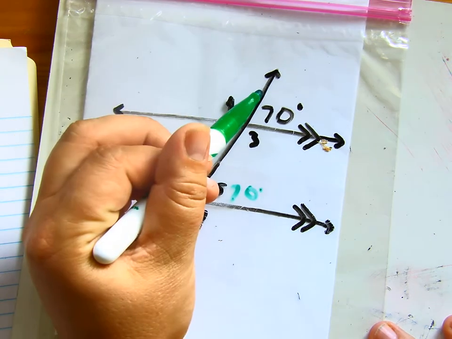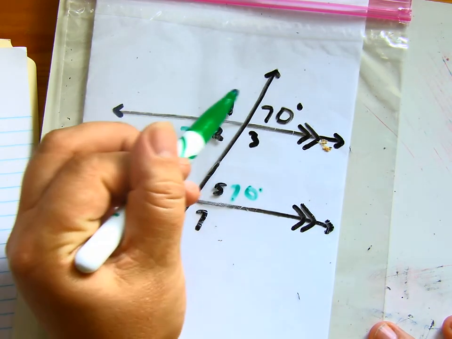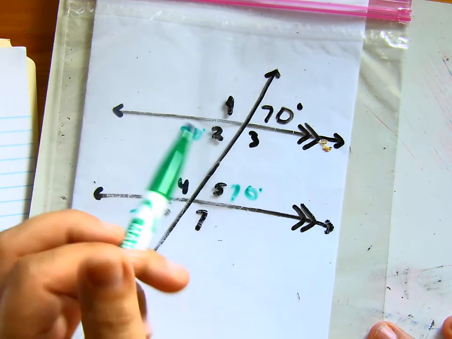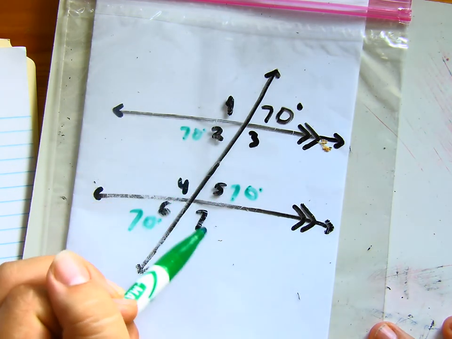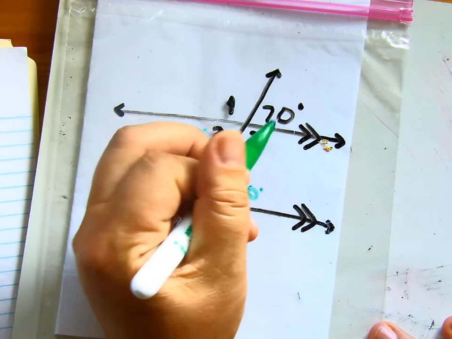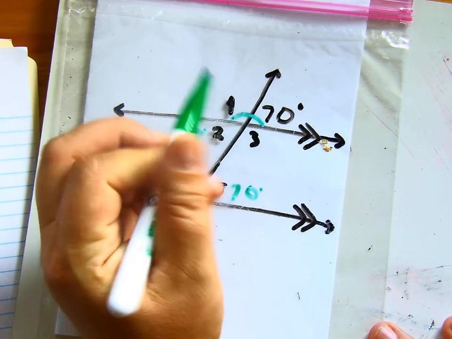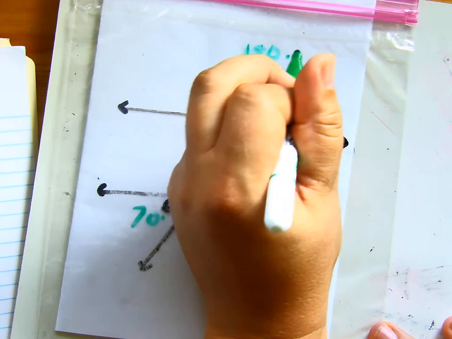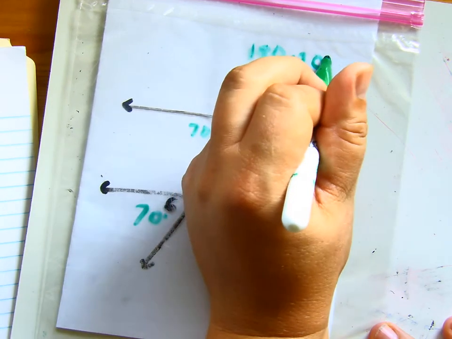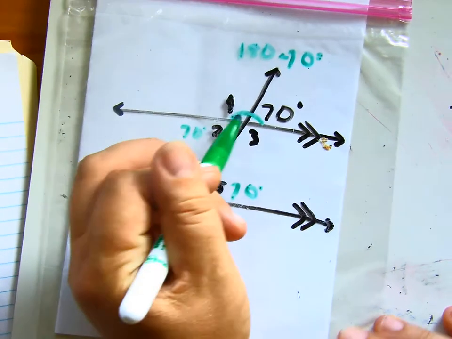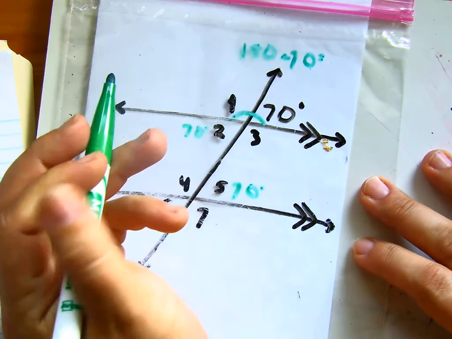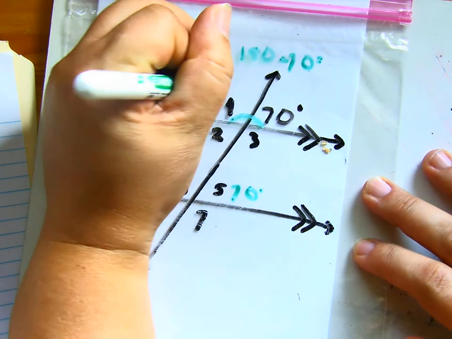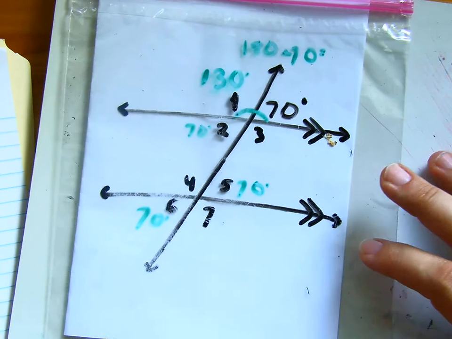So the other question comes from, how many degrees is angle 1? And can we figure out these other missing angles here? Well, if we know a full line is 180 degrees, and this is 70, because they're supplementary angles, they add up to 180, that means angle 1 is 130 degrees.